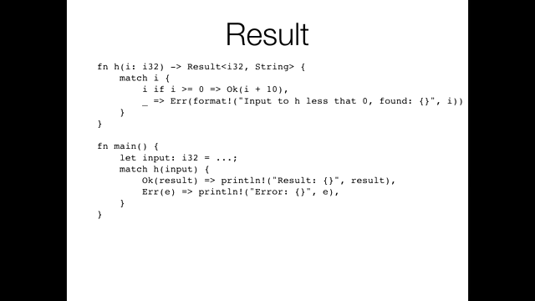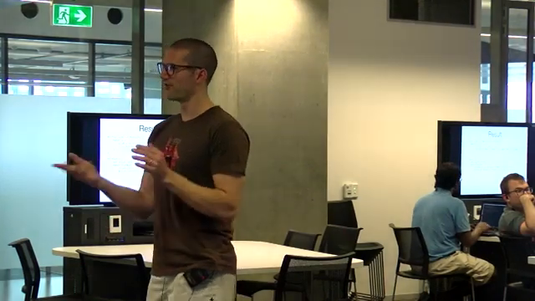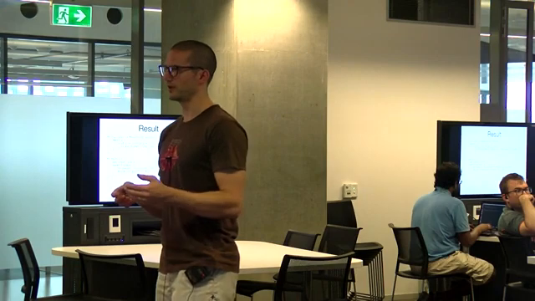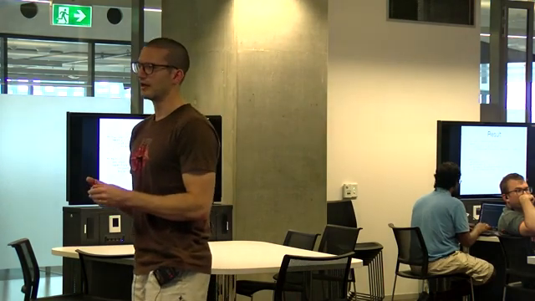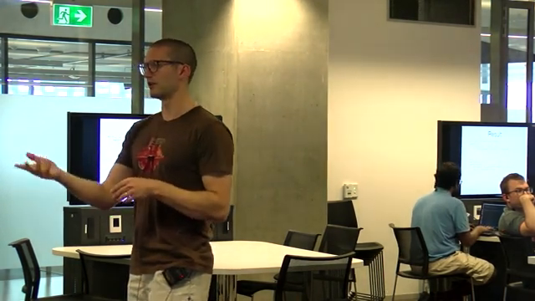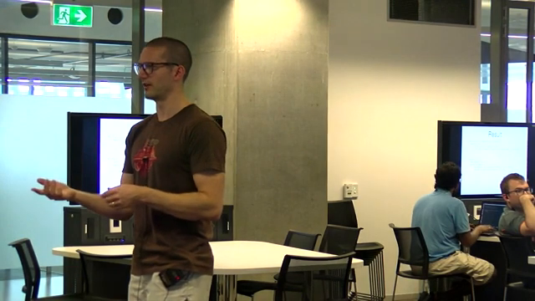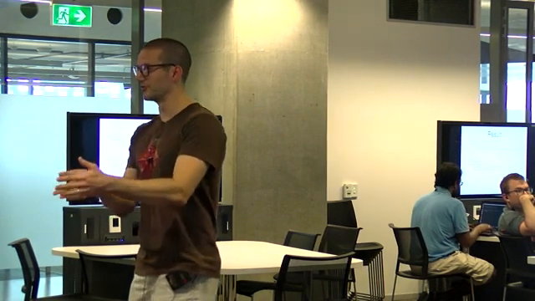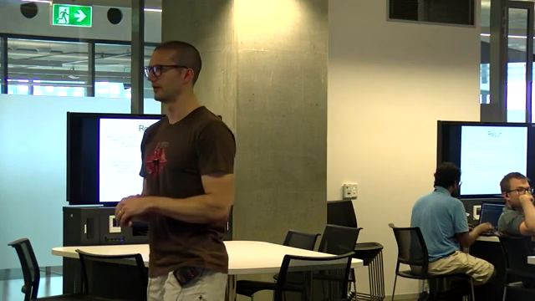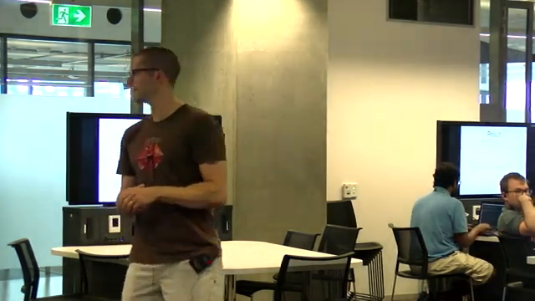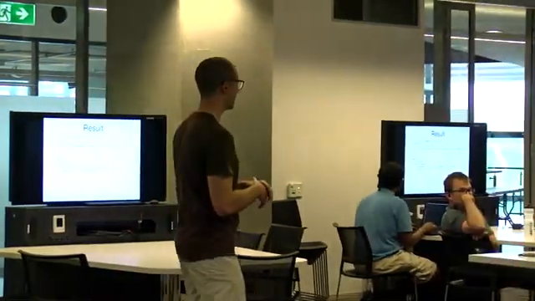For example, a macro can hide a return. So print line probably isn't going to return out of your function, but other macros might. So it's to make it clear when you're reading that the invariants around what you can assume this is going to do are different. Thanks. Any other questions before I move on?